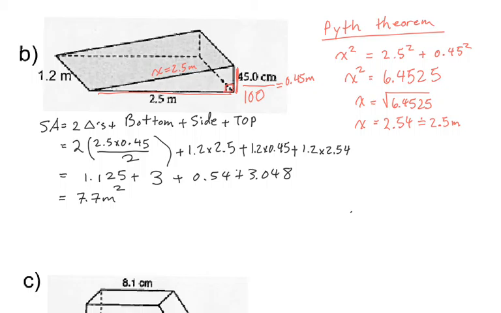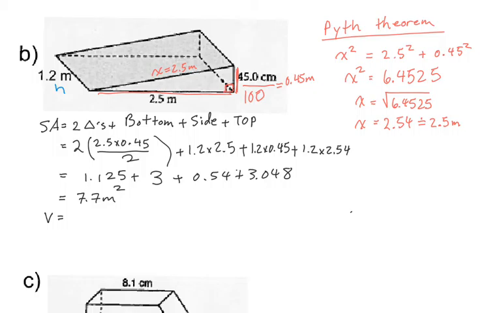The volume calculation is going to be much easier. So, just like before, we need the volume of this prism. This triangular prism is basically going to be the area of this triangle times its height, which I will label here to be 1.2. So basically we need the area of the triangle.